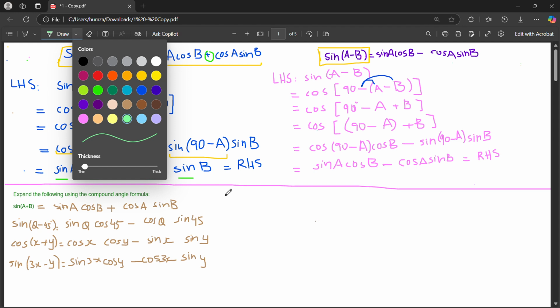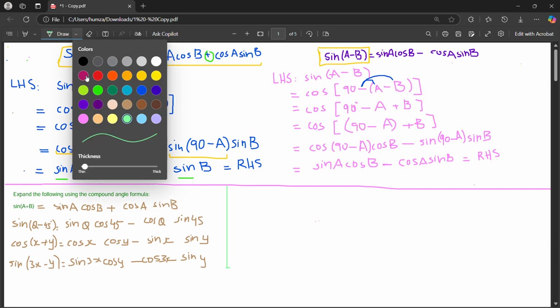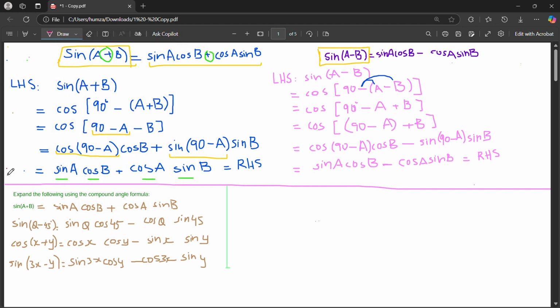I'm going to change the color so you know that we are looking at a different question. We can't see this color, so let's use pink. Okay, so the first part, it says cos 2b cos b. We'll do the easier one first, and then we'll go to the more difficult one, right?